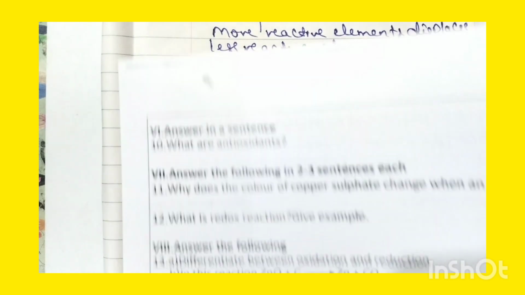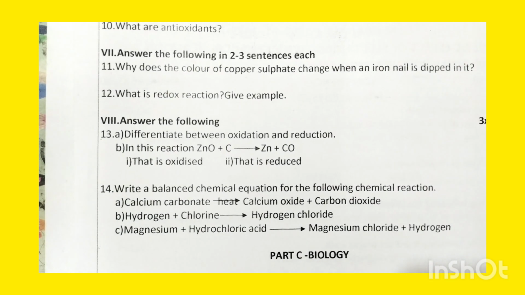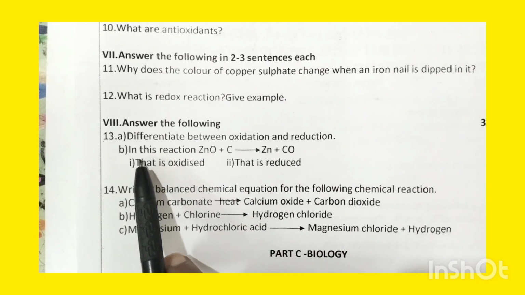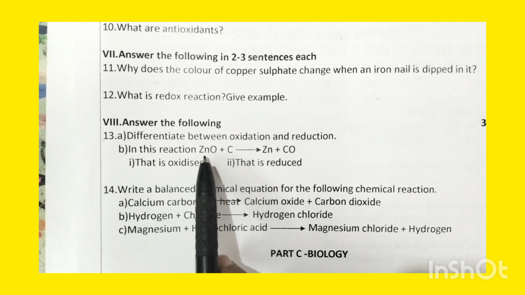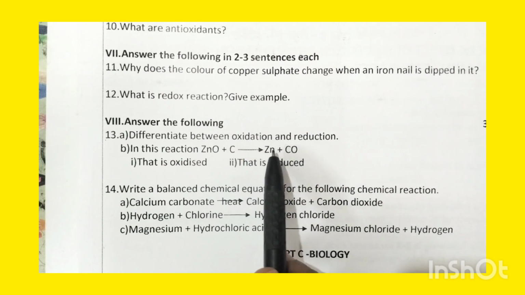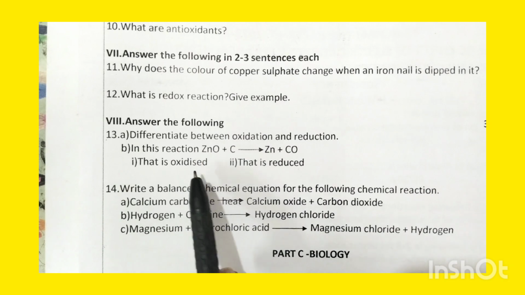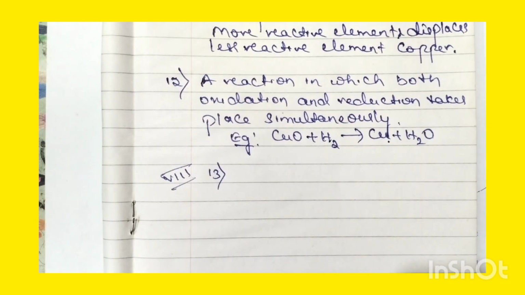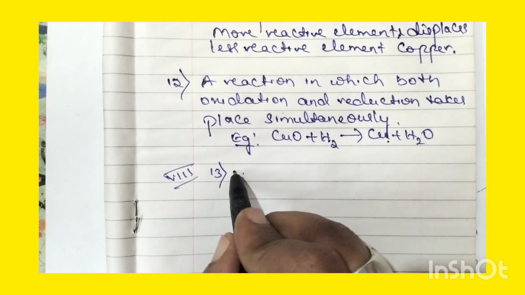In the 13th question, they ask to differentiate between oxidation and reduction. Then in the reaction ZnO plus C gives Zn plus CO, which is oxidized and which is reduced. So first let us differentiate between oxidation and reduction.